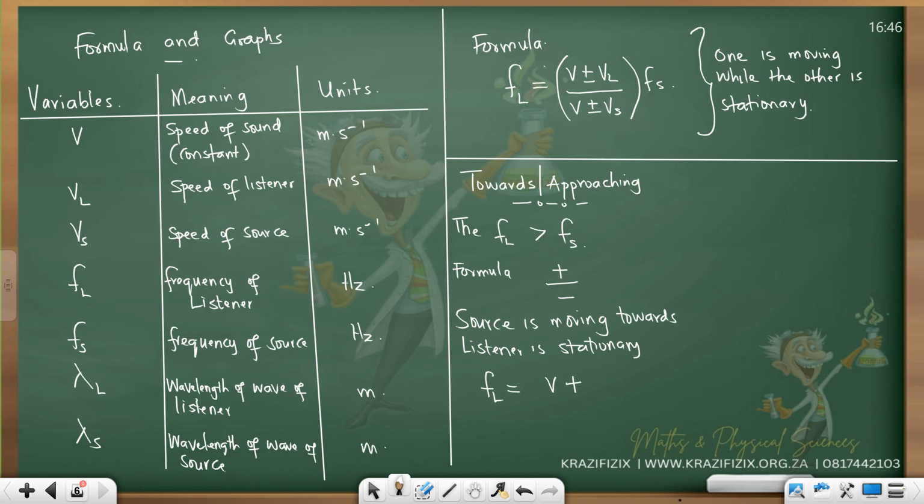Source is moving, but the listener is stationary. This one tells me that VL equals what? 0. Over V minus VS, and that will give me what? FS. Case closed. We are done.